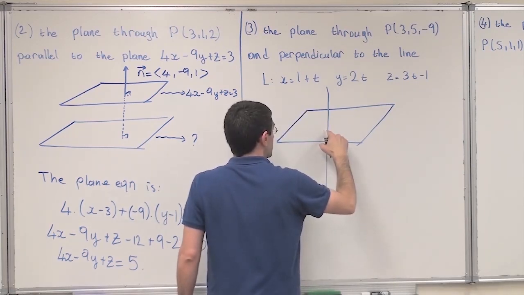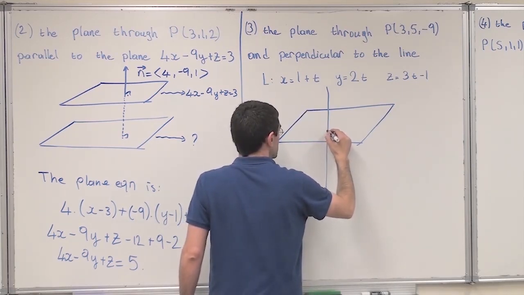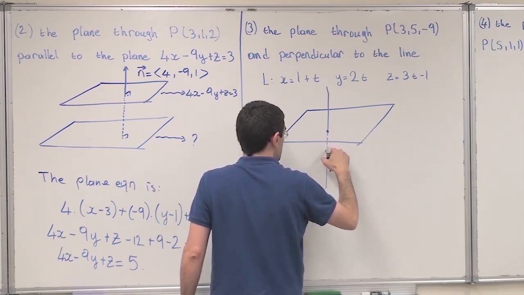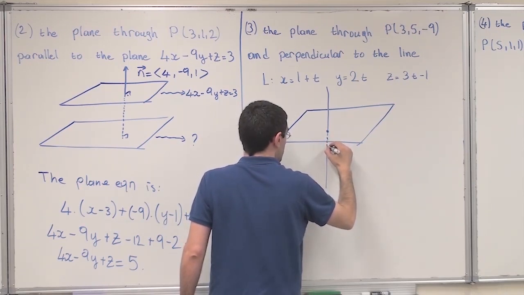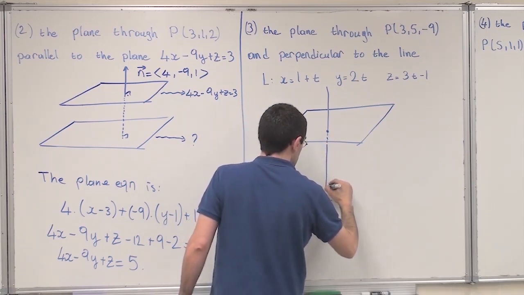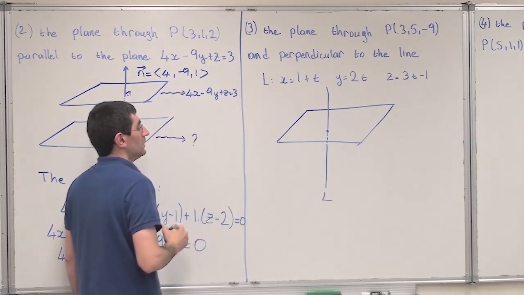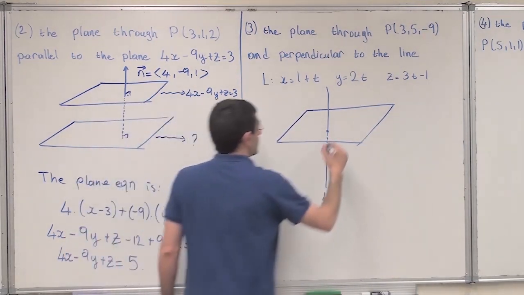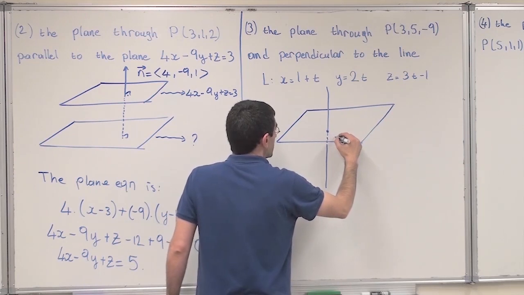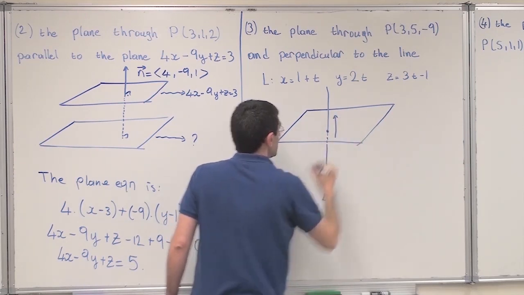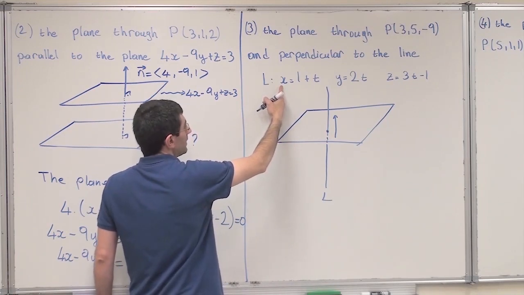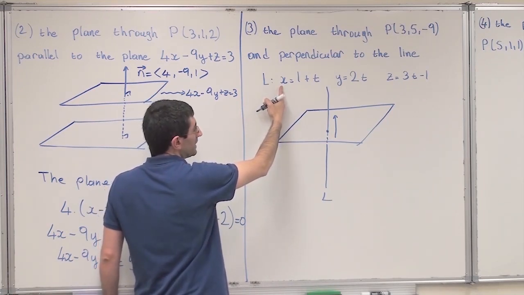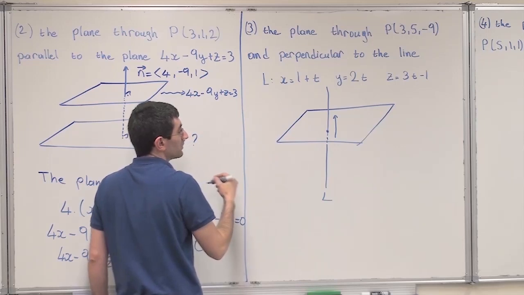So let's say that this is the intersection point, and the line cuts the plane and goes down like this. We are given the parametric equations of this line, which means that we can find the direction vector of this line.